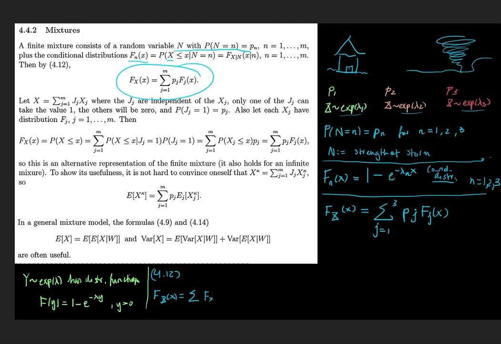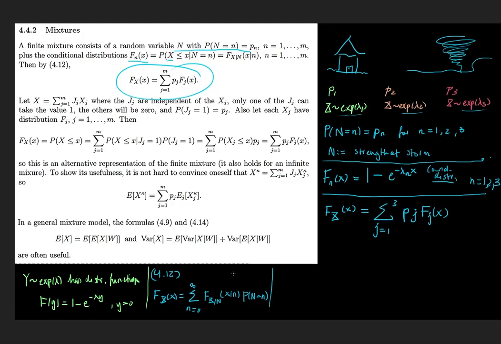So the sum of the conditional distributions of X given N, weighted by the probability of N equal to n on each of the conditional distributions, where we let n go from 0 to infinity. So this is the general version we have from 412.